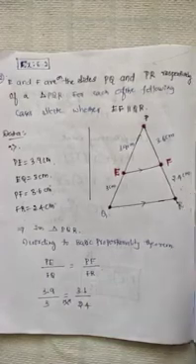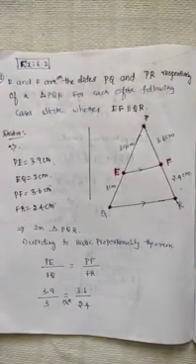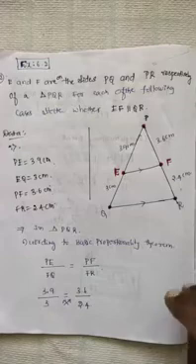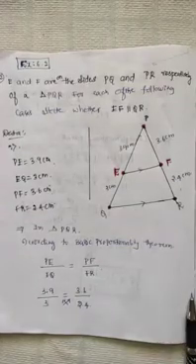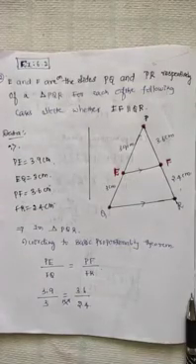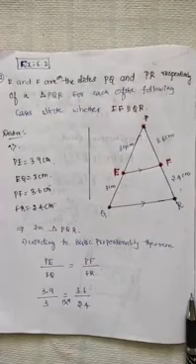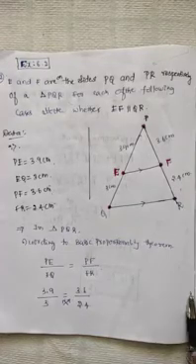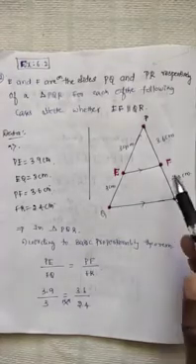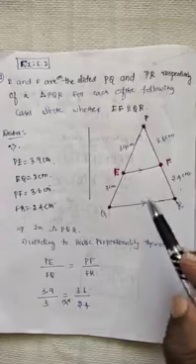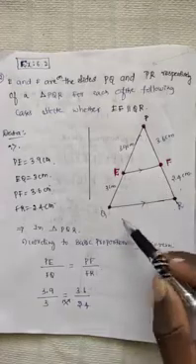Right, children? We know that the basic proportionality theorem states that if a straight line is drawn parallel to a side of a triangle, then it divides the other two sides proportionally. Here EF is the straight line drawn parallel to the side of the triangle, that is QR.